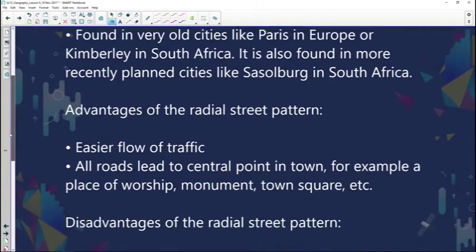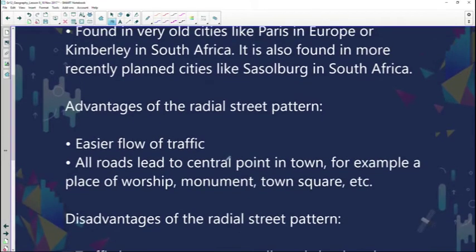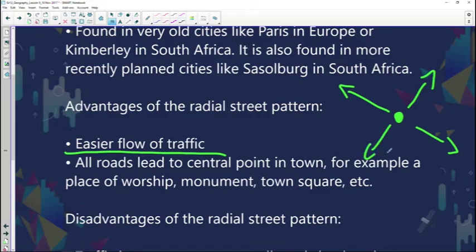If you look at the advantage of it, it makes traffic much easier, so it can avoid traffic congestion. All the roads lead to a central point in town, so it doesn't matter, if you travel towards the central point, everyone will get to the same point.